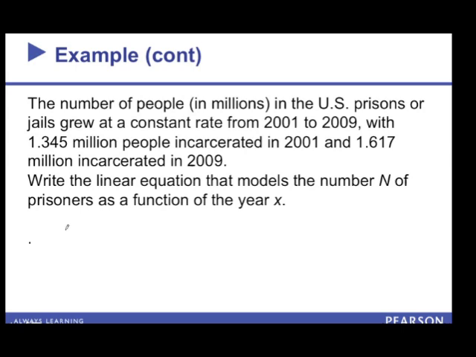Using the same information, we want to write a linear equation that models the number n of prisoners as a function of the year x. Let's use point-slope form. So n minus, let's use the 2001, 1.345. So n minus 1.345 equals the slope 0.034 times x minus the 2001.